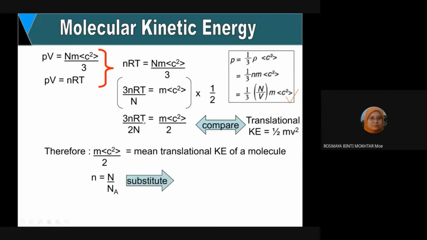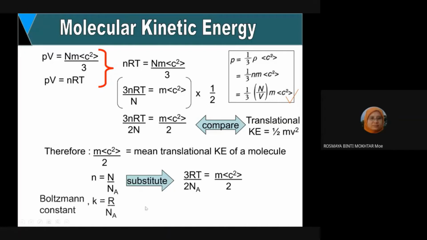We can substitute it into the equation here, so we can cancel out the capital letter N. The equation becomes 3RT per 2Na, which equals the kinetic energy. So this is another form of the translational kinetic energy, or mean translational kinetic energy.